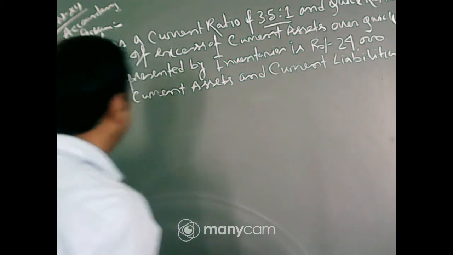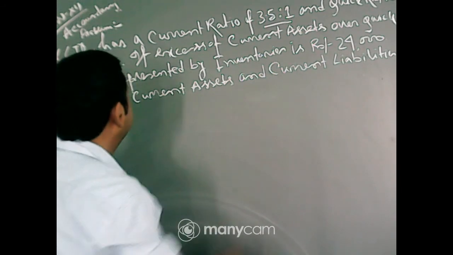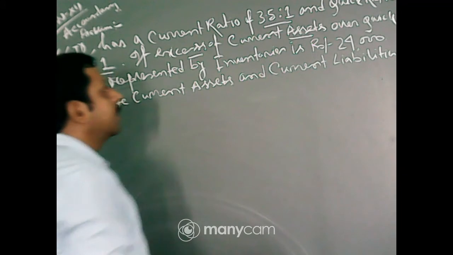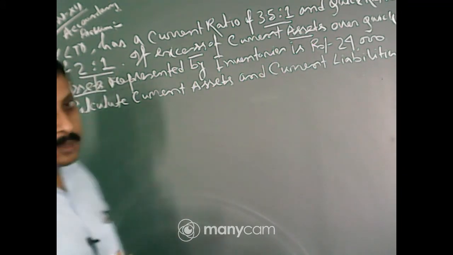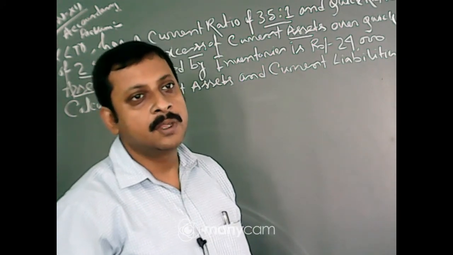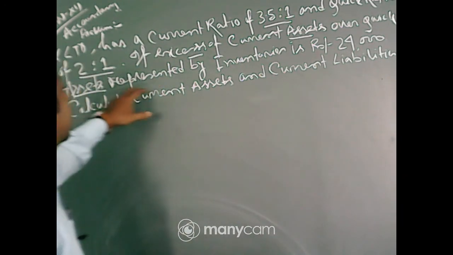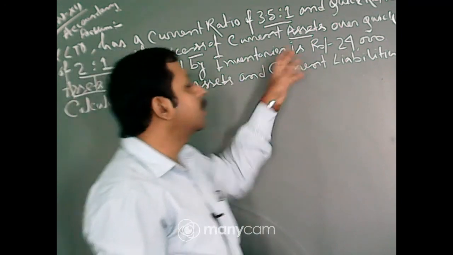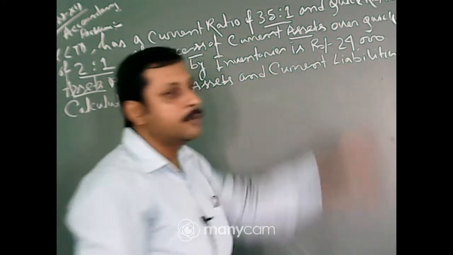If excess of current asset over quick asset represented by inventories. Suppose quick asset is 10,000 and current asset is 15,000, then the difference is 5,000. Because the excess of current asset over quick asset is represented by inventories, that difference is rupees 24,000.